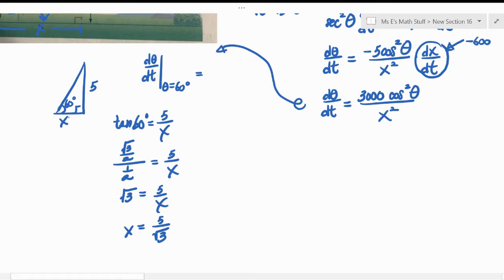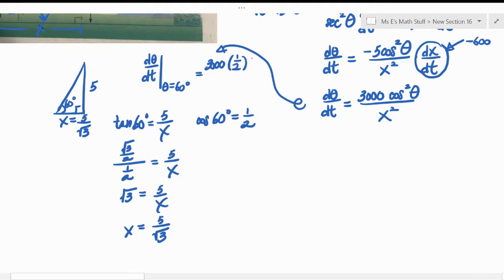And so here we've got x is 5 over square root of 3, and then what would the cosine of that angle be? Well, the angle is 60 degrees, so the cosine would be the x coordinate, and that would be 1/2. So now at this moment when theta is 60, what you can put in for the different pieces, right? You'd have 3,000 times cosine is 1/2.